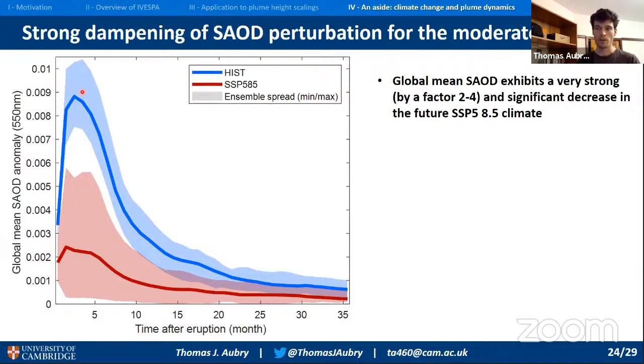The blue line here is for an eruption in the present-day climate that does reach exactly the tropopause, and most of the aerosol ends up in the stratosphere, has a long lifetime, and exerts a significant SAOD perturbation. The red line is the same eruption, but in a future climate. You can see that the SAOD perturbation is strongly dampened as a consequence of this change in plume height.